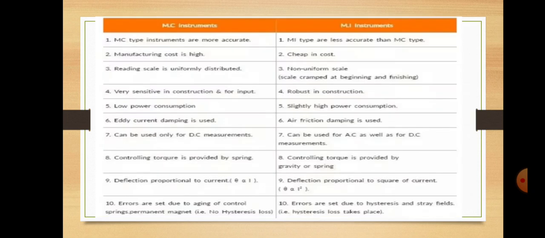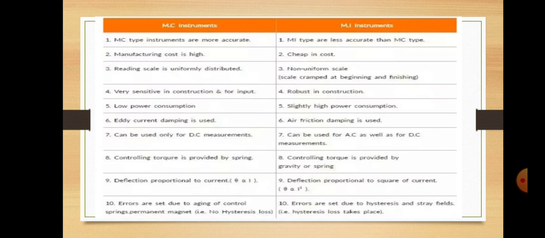Now we can see the comparison of MC and MI, that is moving coil and moving iron instruments. Moving coil instruments are more accurate, and the accuracy in the MI instruments is less as compared to the MC. The manufacturing cost for MC instruments is high and MI instruments are cheap.